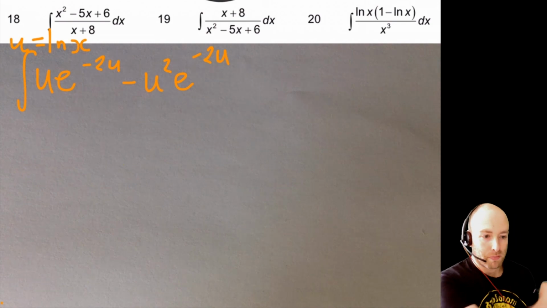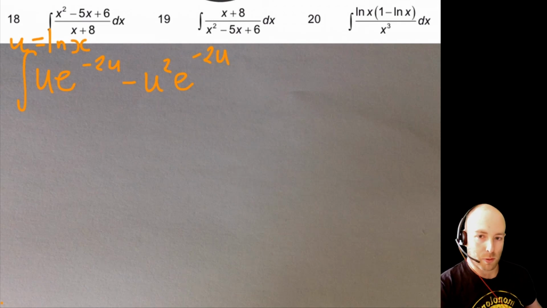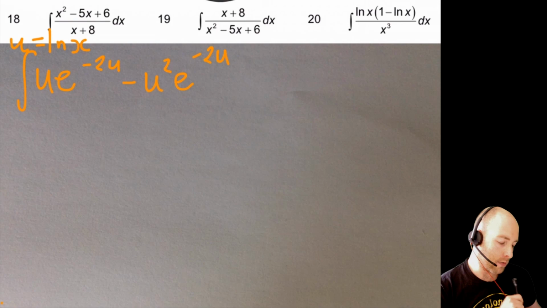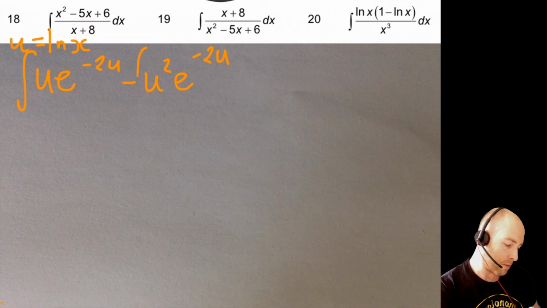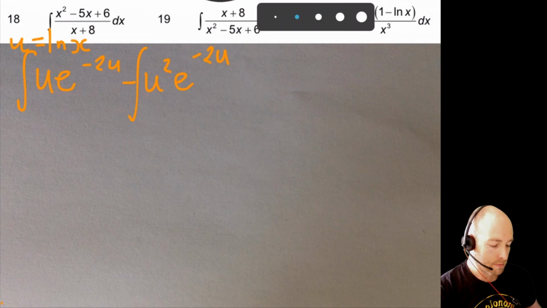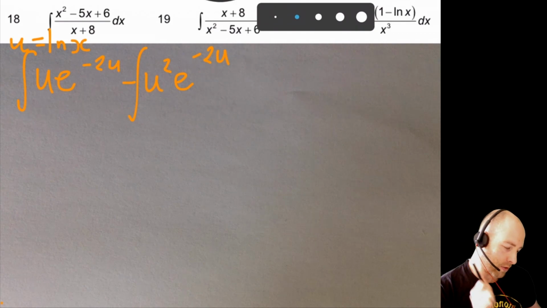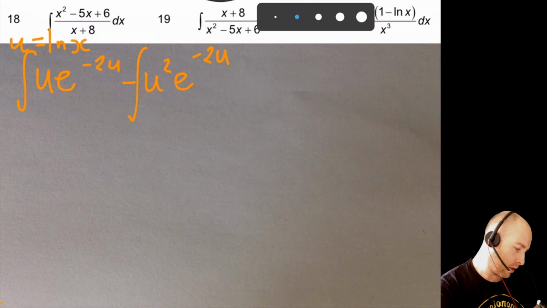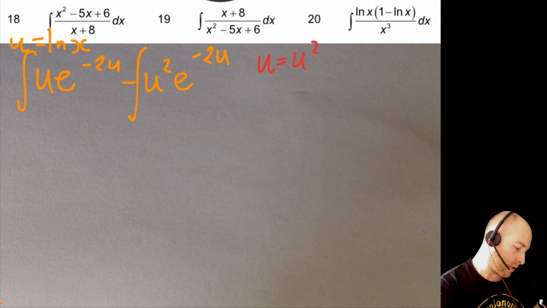Okay, so 2 by parts questions basically, one of which, the second one, we're going to have to do twice. So I'm going to split it up into 2 separate integrals. Again, I think something cancels in this one. So I'm going to do the second integral first. So u is u squared, confusingly. v dash is e to the minus 2u. u dash is 2u. v is minus a half e to the minus 2u.